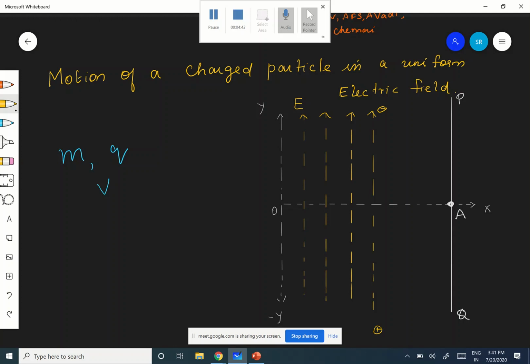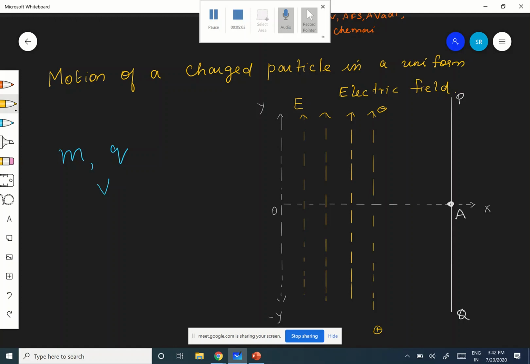Before I applied any electric field, the charged particle goes and impinges on the screen at A. Once I switch on the electric field, what happens?